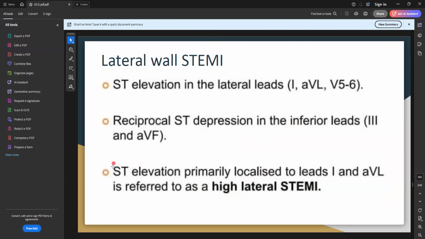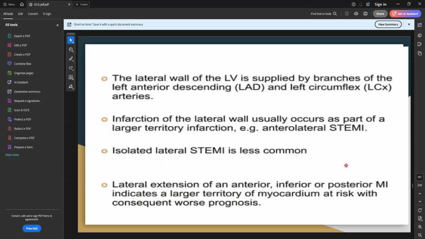Normally it will be lead 1, AVL, V5 and V6. In case of high lateral STEMI, this ST elevation is localized to only lead 1 and AVL. I will show you in the next slide.